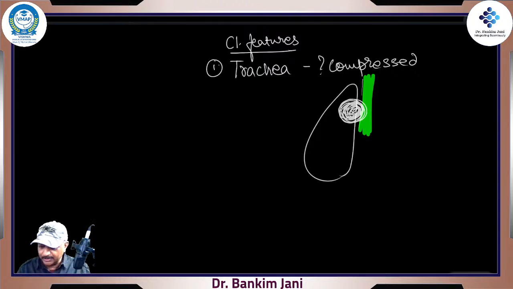The real shape of the new trachea would be something like this, because we saw that the trachea is compressible. So this would be the shape when it is pushing from inside.